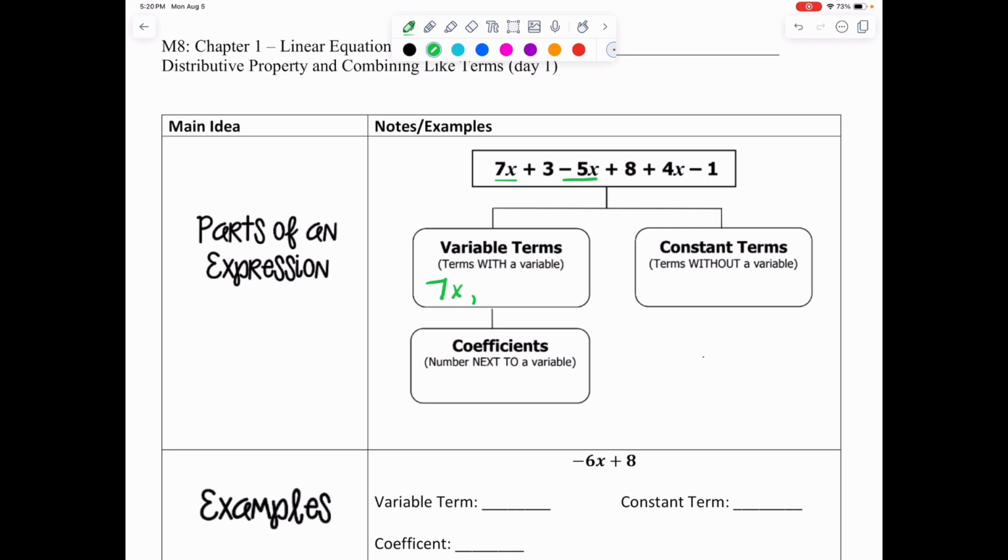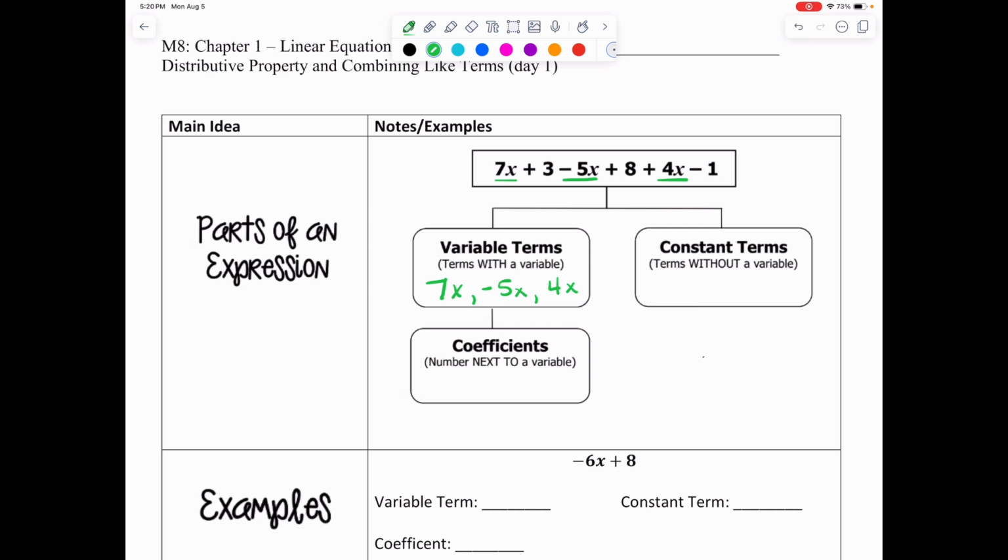Negative 5x is a term with a variable. And 4x is a term with a variable. So those are referred to as variable terms.